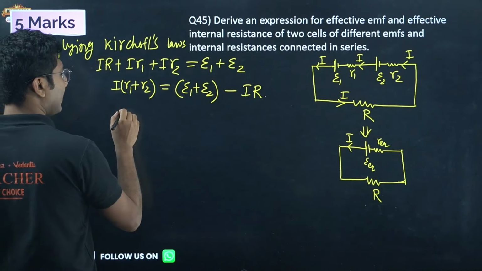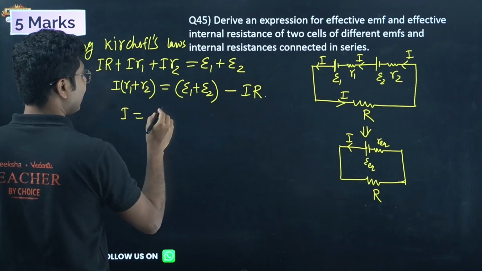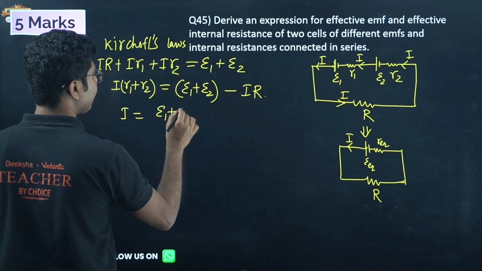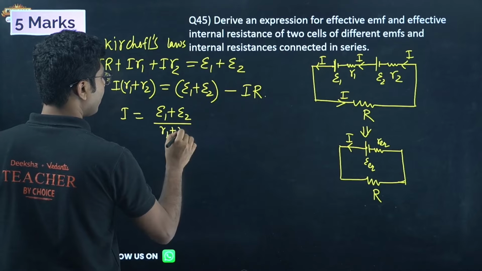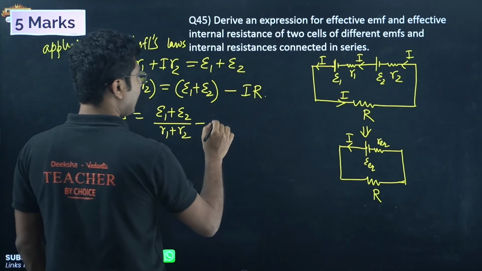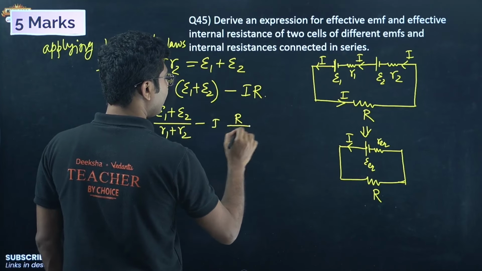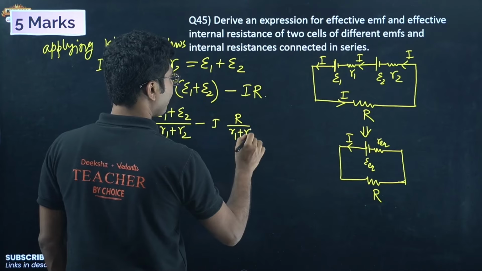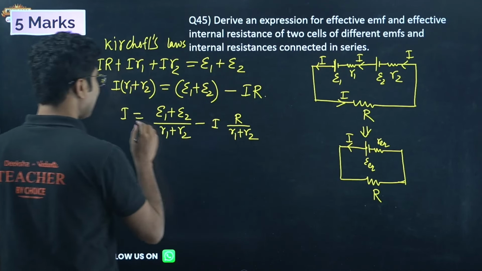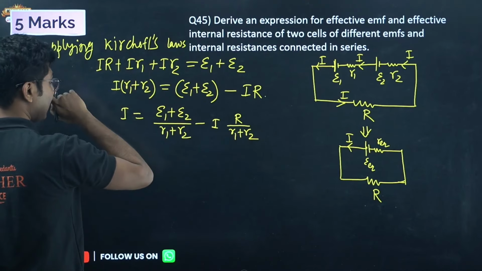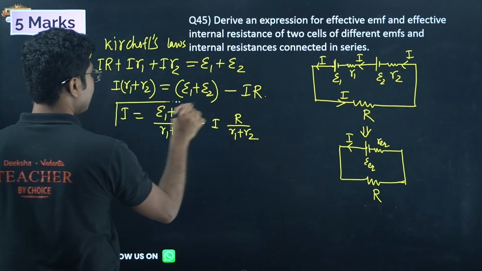Or capital I equals, this is a trick that you have to remember, epsilon 1 plus epsilon 2 divided by R1 plus R2, minus I into R divided by R1 plus R2. This is a trick that you have to remember, how to organize the equation. We are not taking all the R's common, but we are doing it in this way.